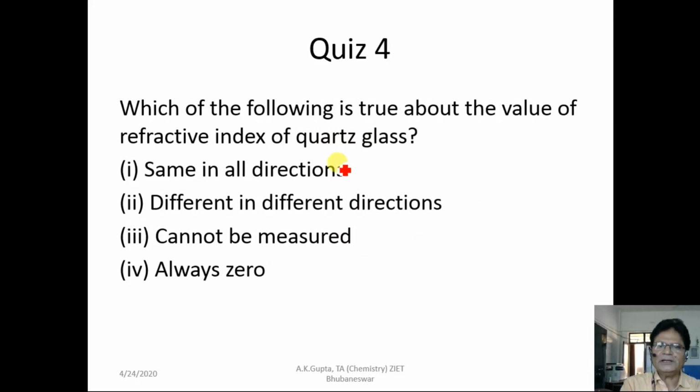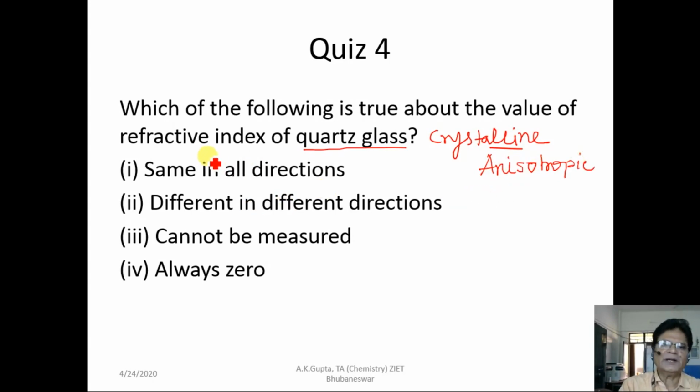Question number 4. Which of the following is true about the value of refractive index in quartz glass? Same in all directions. You know that quartz is crystalline, and crystalline solids are anisotropic.